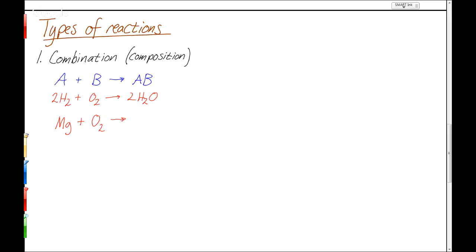But what's important to remember is it doesn't mean you just smash the things together, because we have to deal with ratios and stuff. So we say, there's probably going to be some product made out of magnesium and oxygen. What would that product look like? So what do you think that would look like to have a compound made out of magnesium and oxygen? What do you think its formula would be?